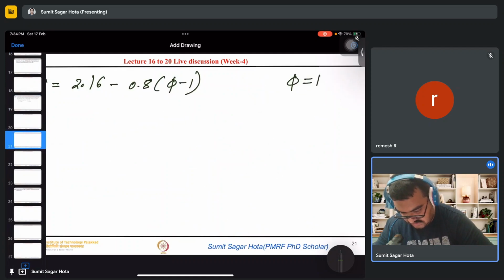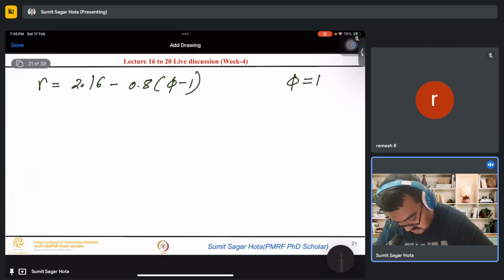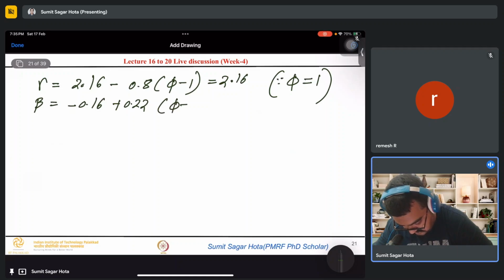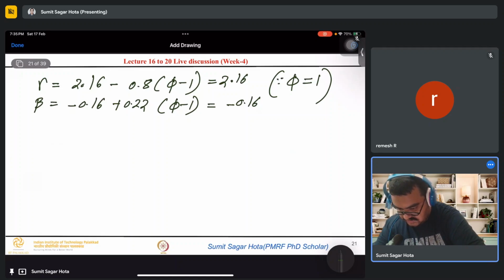So with phi equal to 1, I just substitute in this formula: gamma is 2.16, and your beta will be minus 0.16 plus 0.22 (phi minus 1), so minus 0.16. In 99% of cases phi is given as 1. So obviously gamma and beta will be 2.16 and minus 0.16.